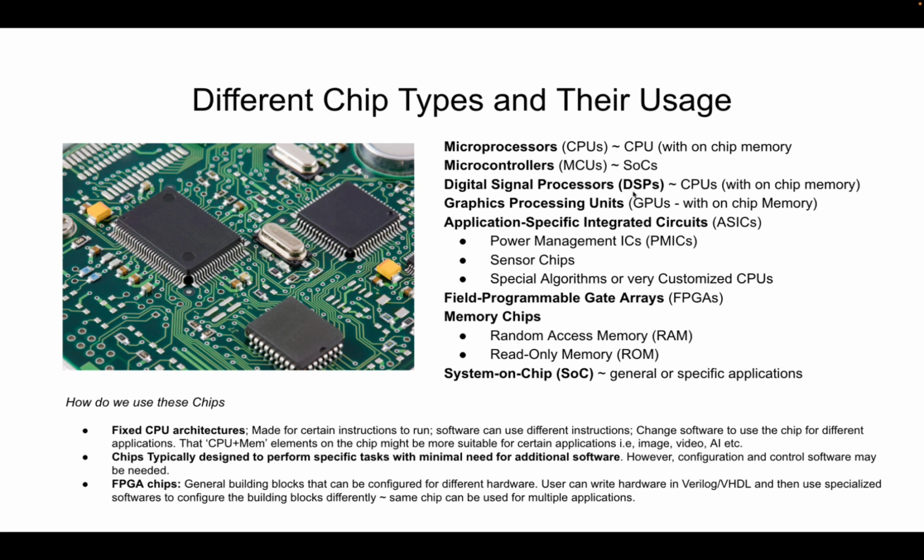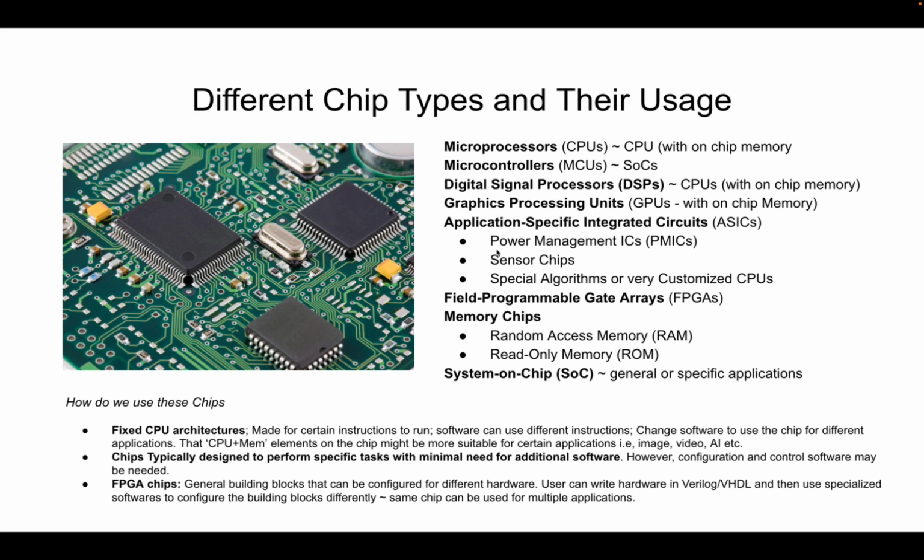Then we have graphics processing units, and the internal architecture of the GPUs is targeted for graphics, images, videos. We can also have chips that are created for certain targeted applications.